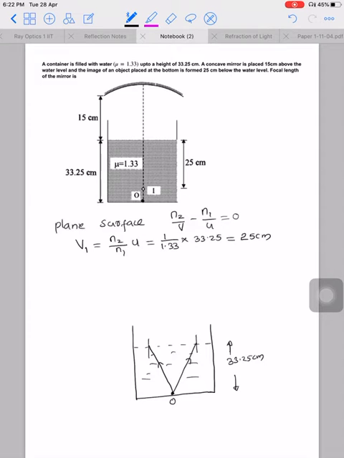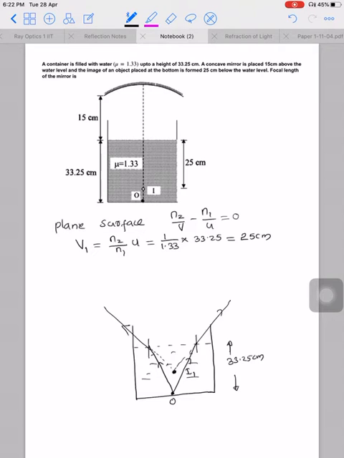So here actually what happens is, when traveling from water to air, the refracted ray bends away from the normal and the light rays diverge after refraction. So if we find out the position of the image, the diverging rays must be extended in the backward direction.